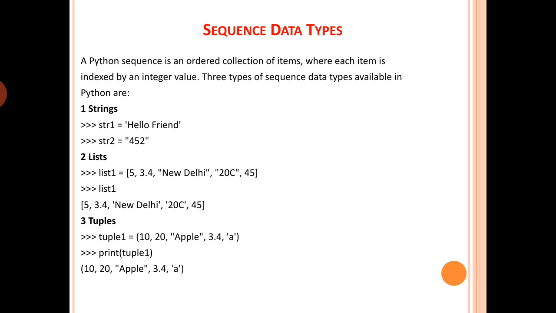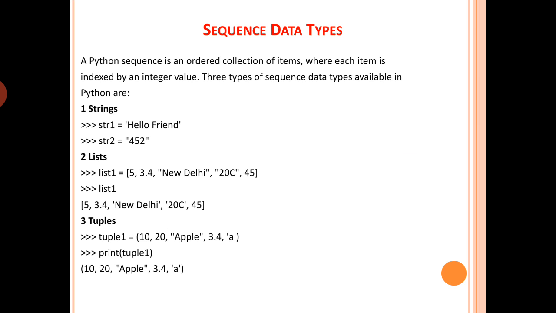List. List is a sequence of items separated by commas and items are enclosed in square brackets. Note that items may be of different data types. Now, let me explain it with the help of an example. To create a list, we have used list1.